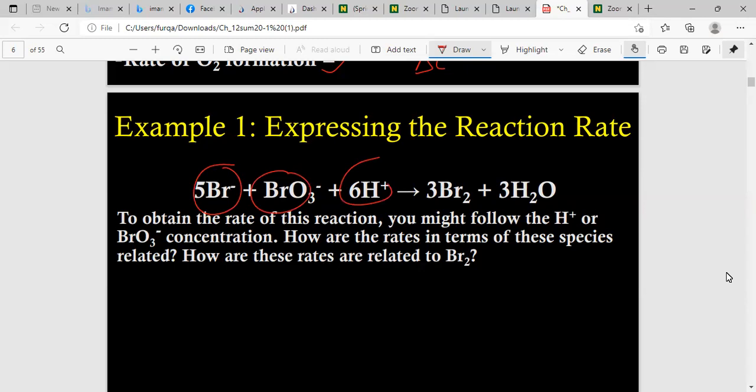How are the rates in terms of these species related to Br2?